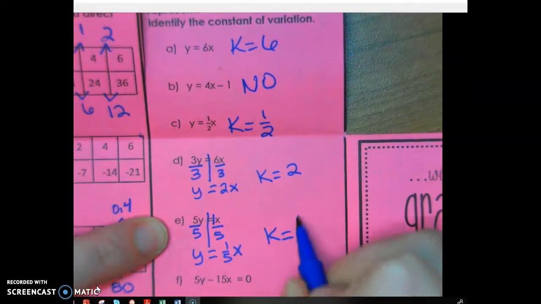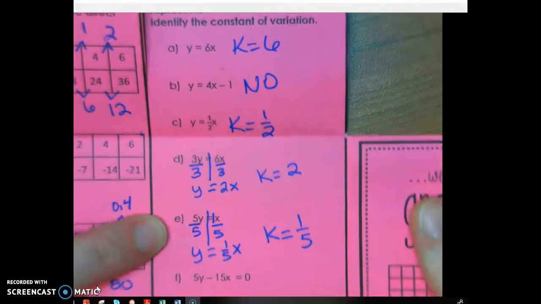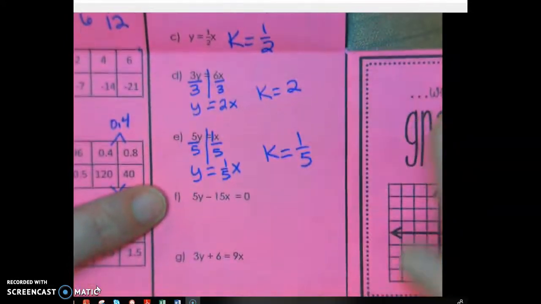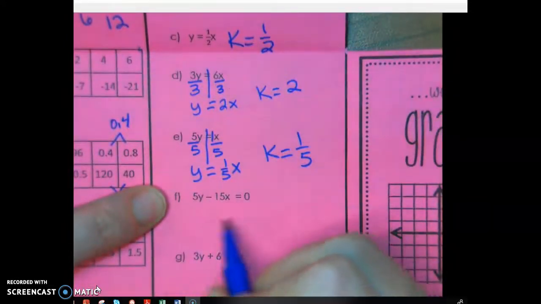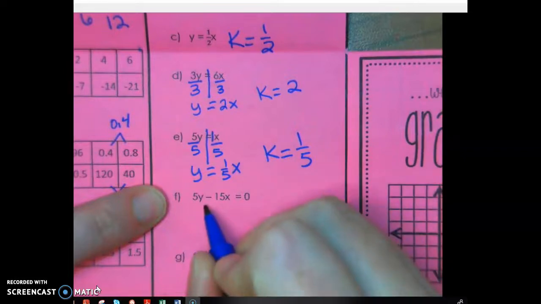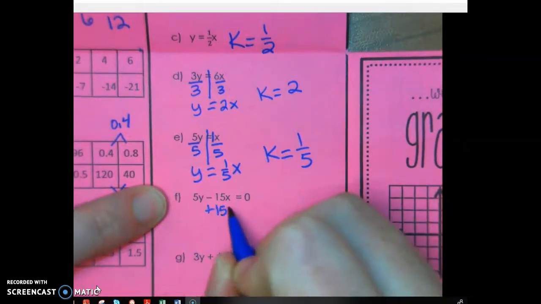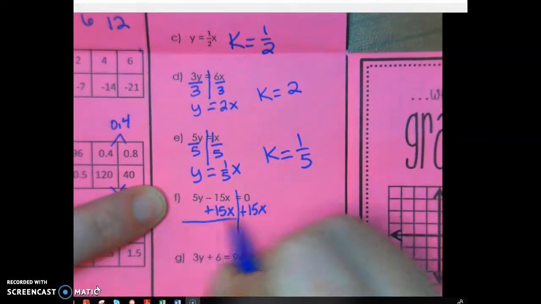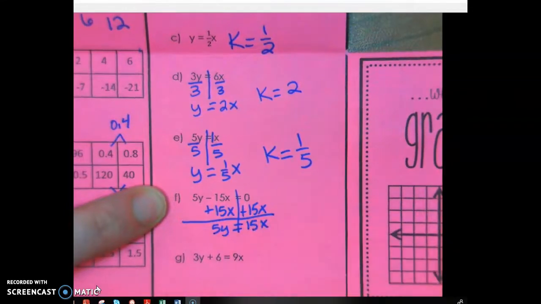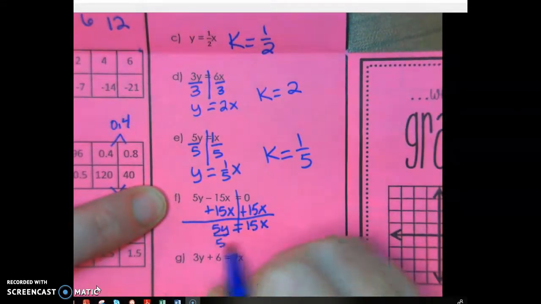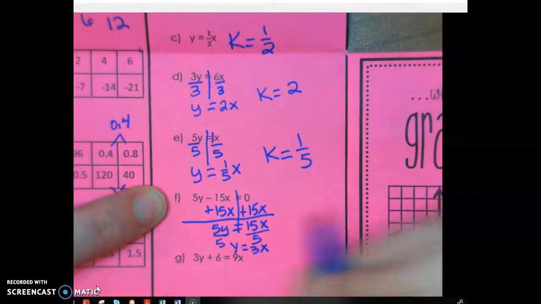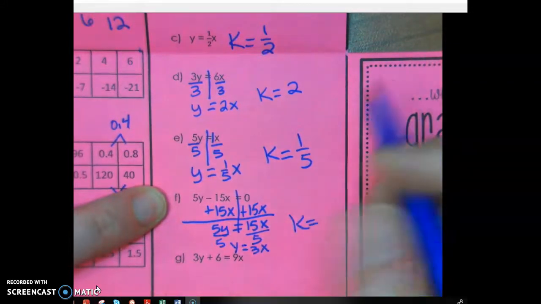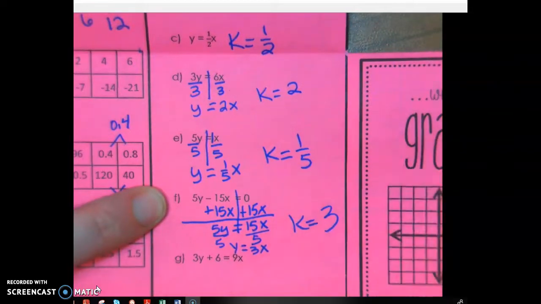So k equals 1/5. This one's a little harder, but you can do this. Plus 15x, that whole thing needs to go away. Now I've got 5y equals 15x. Divide by 5. y equals 3x. So my k equals 3.